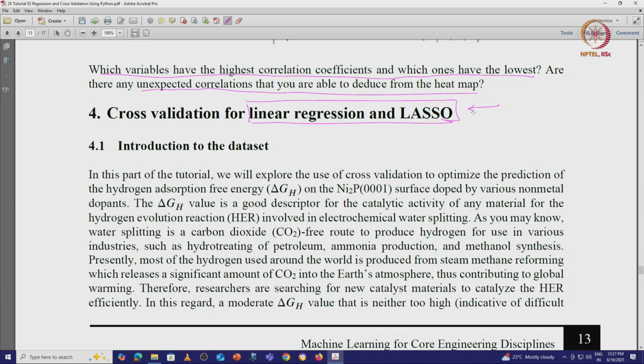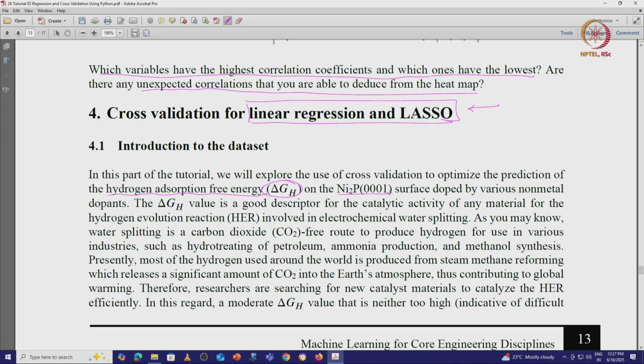Now for this particular part of the tutorial, wherein we are looking at cross validation of linear regression and lasso models, we are using an ML model that predicts the hydrogen adsorption free energy on a particular catalyst surface, nickel phosphide Ni2P, which is doped by various non-metal dopants.